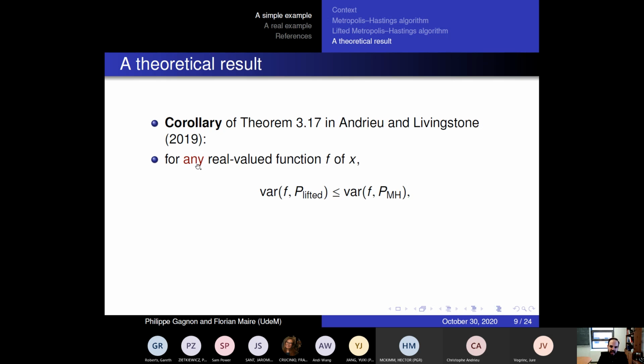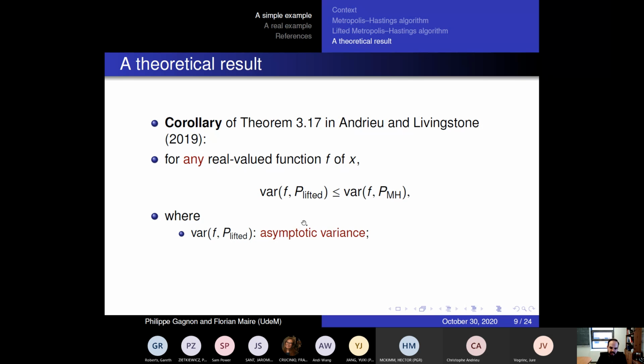So we consider any function f of x, okay? We need to consider only functions of x because MH and the lifted sampler are not even defined on the same state space. So we need to deal with the same objects. But when we just consider functions of x, we have an order on the asymptotic variance.